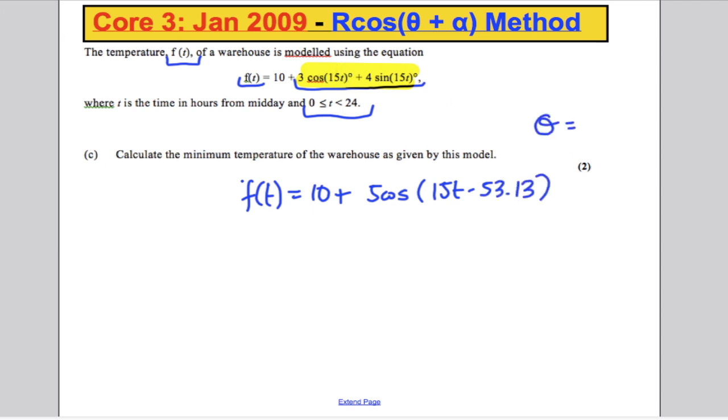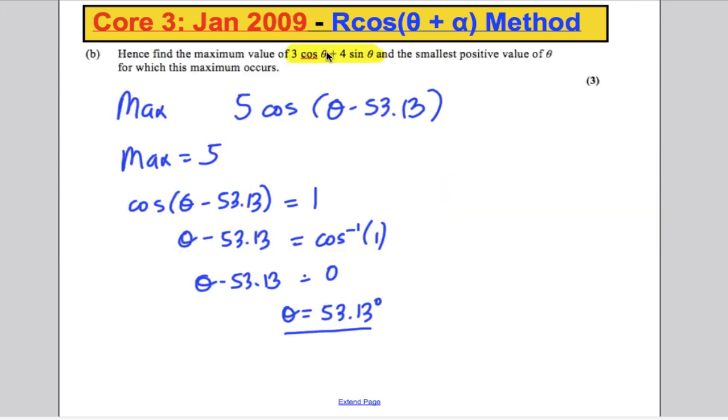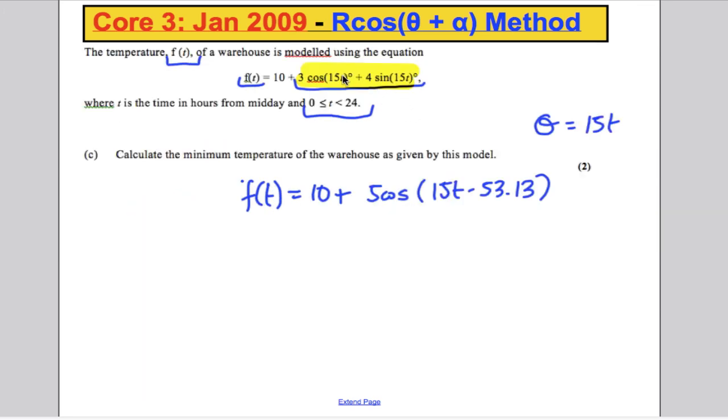I've made the substitution, theta is 15t. So I can write f of t as that using the work I've done in part B. All I've done here is swap 15t for theta. Instead of having theta here and theta here, I've got 15t, so I've just put that in instead. Now, what's the minimum value of this?